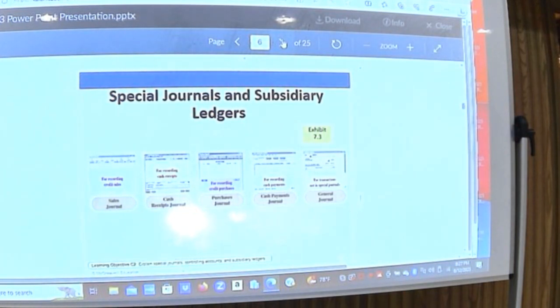Next one is cash receipts, all receipts of cash. The middle one, purchases journal, that's a credit purchase. Next one over, cash payments journal, that's self-explanatory. And then a general journal, which is where you put anything that doesn't fit in your special journals.